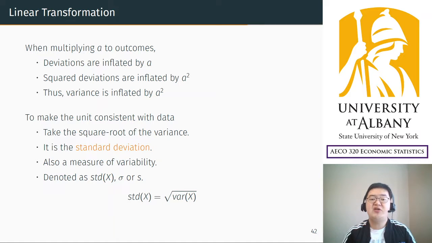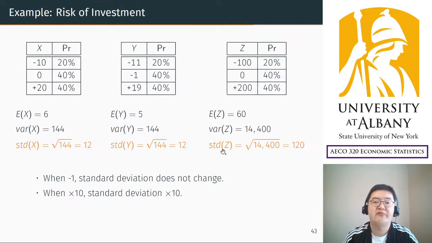So standard deviation is the most commonly used measure of variability. This unit consistency is a very nice property, and it's easy to understand. It's the square root of variance.